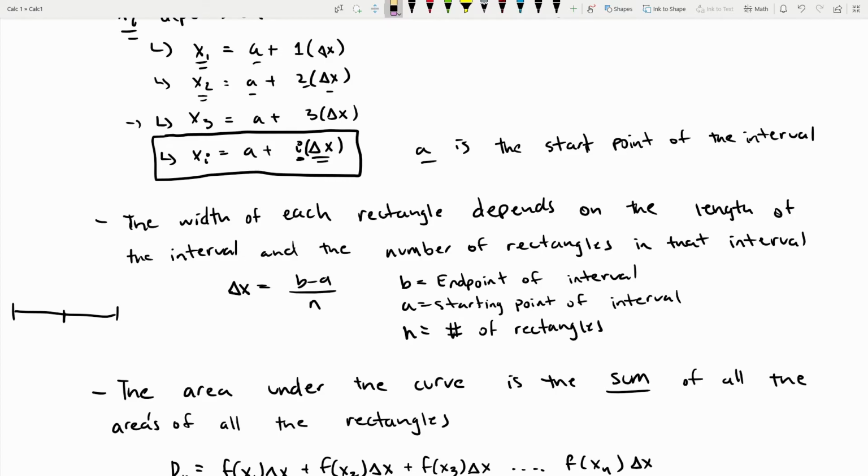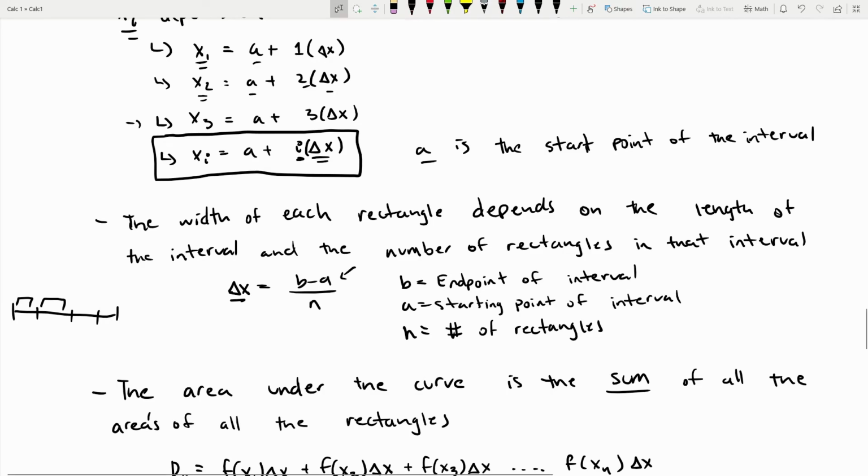But now if we want to say that, okay, we want not 2 rectangles, but now 4 rectangles, right? Well, now each rectangle has a significantly smaller width. So the width depends on the length of the interval, which is b minus a, b being the endpoint and a being the start point of the interval, and then n being the number of rectangles that we want. So that is what the width is dependent on.